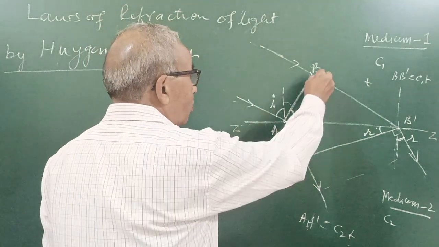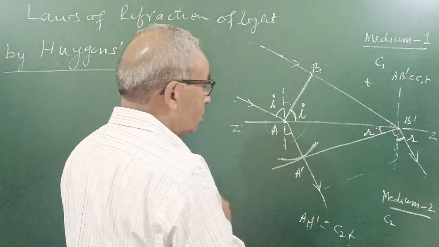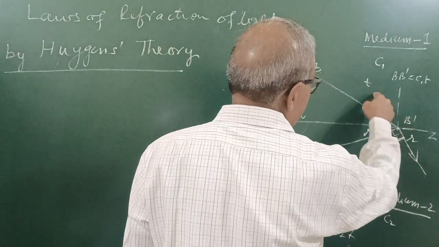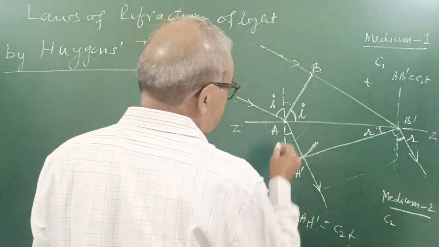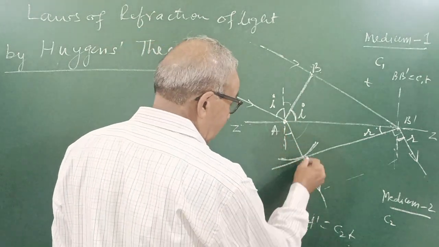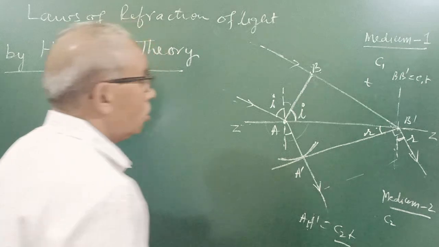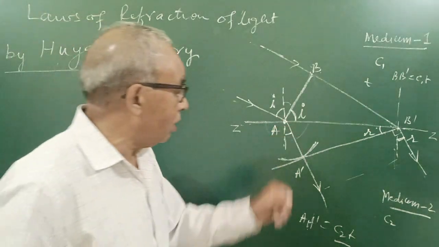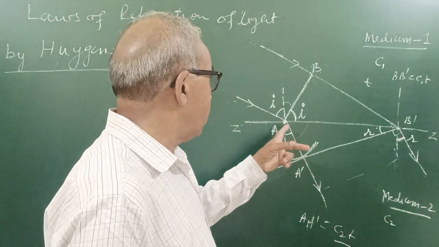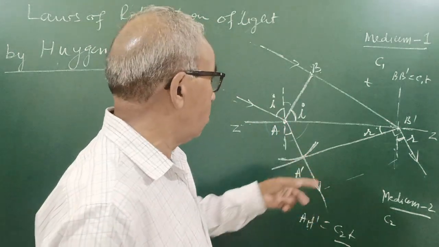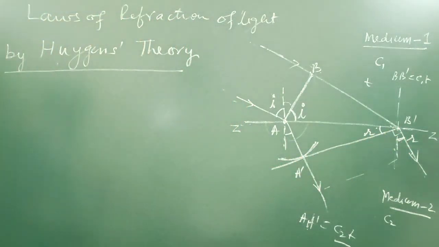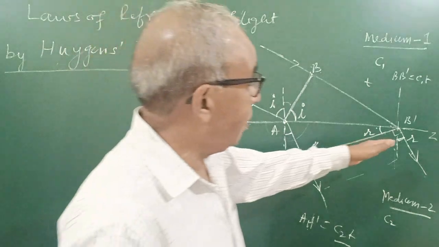And point A of the wavefront has struck the interface earlier than B. B will strike at, suppose, a later time t. In that time t, the secondary wavelet from point A will go a distance AA dash equal to c2t. So to find the wavefront, we draw an arc taking center A and radius c2t, and a tangent from B dash to this gives you the wavefront.